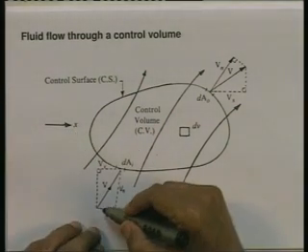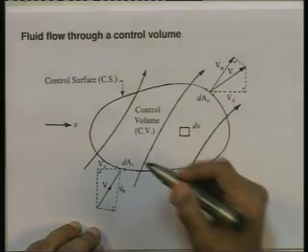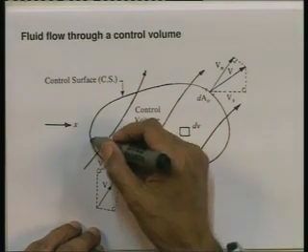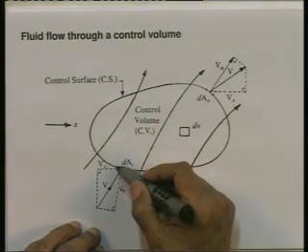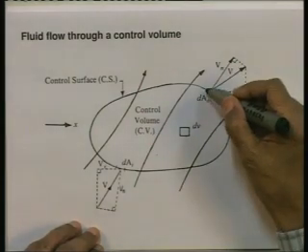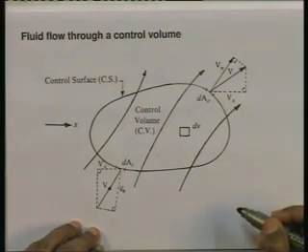Now, wherever the flow enters, we will call the elementary areas through which it enters dAI, and wherever flow leaves, we will use the nomenclature dAO.